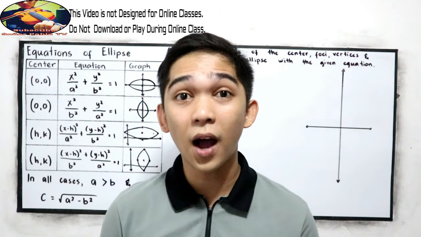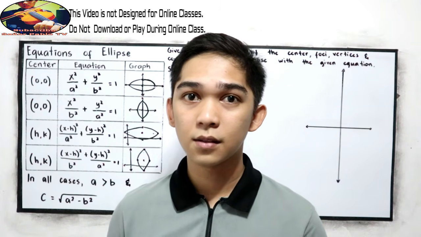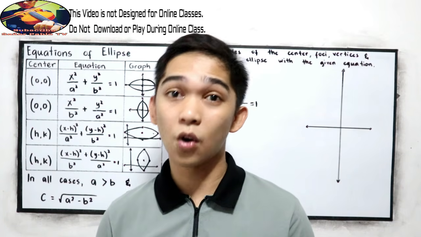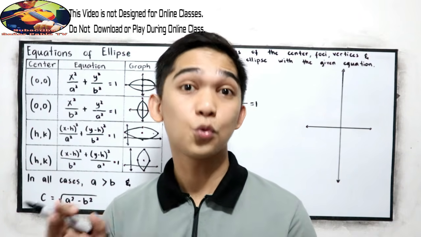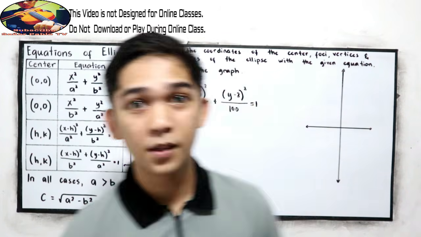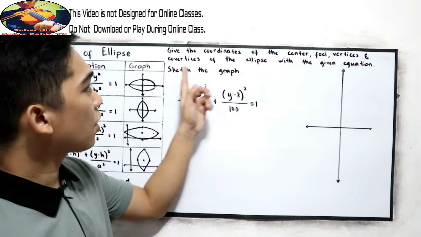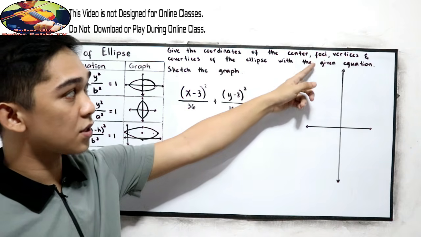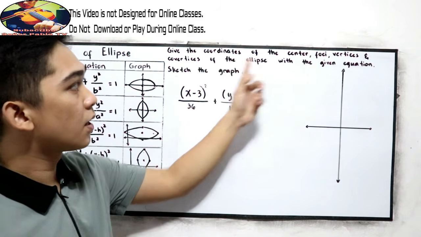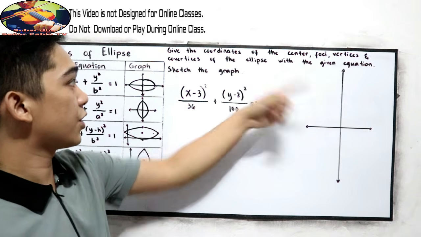How are we going to find the focus, the center, the vertices, co-vertices, and how to graph? Let's have this example. Give the coordinates of the center, foci, vertices, and co-vertices of the ellipse with the given equation.